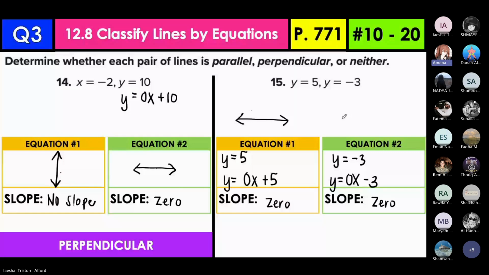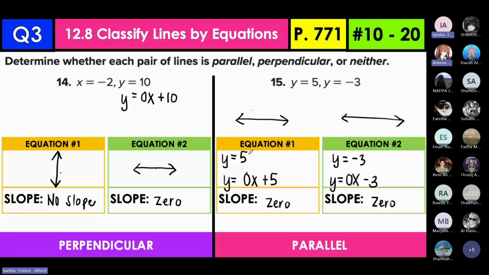Horizontal. Two horizontal lines are what name? Parallel. So you have to be careful. I'm sure they're going to give you 14 or 15 in the exam. You just need to be careful about what the slope is and draw a picture of the line.